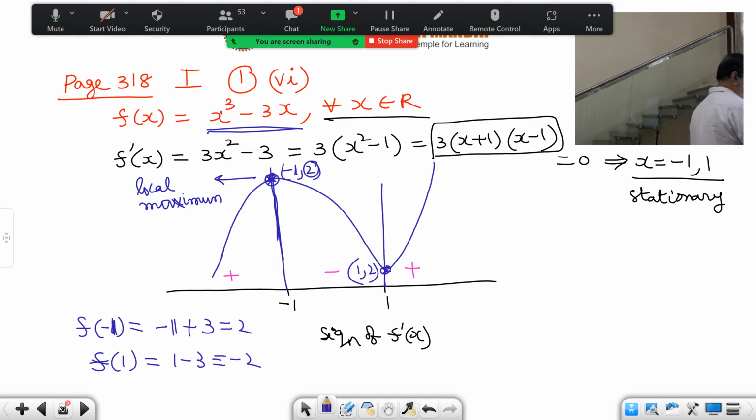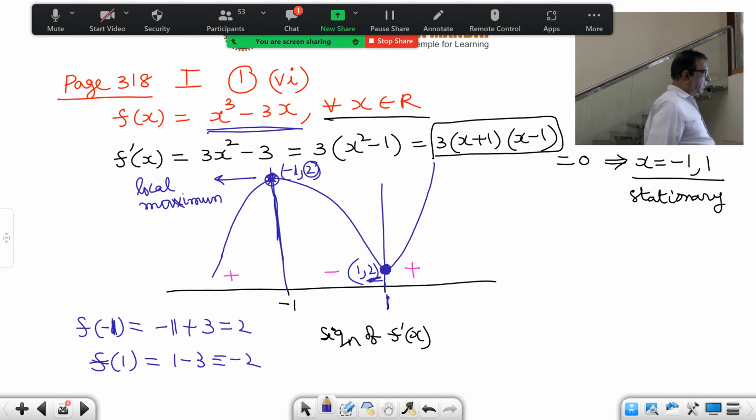Similarly, x is equal to 1 is a point of local minimum, and the local minimum value is f of 1, that is minus 2. So that is the answer for this question.